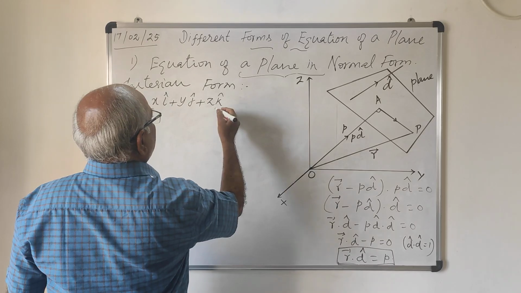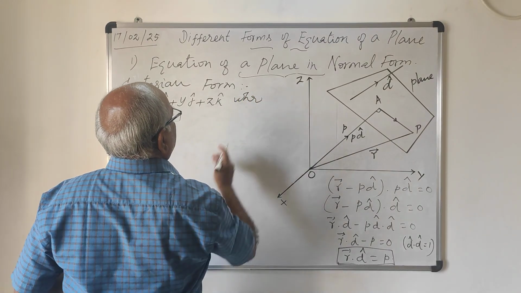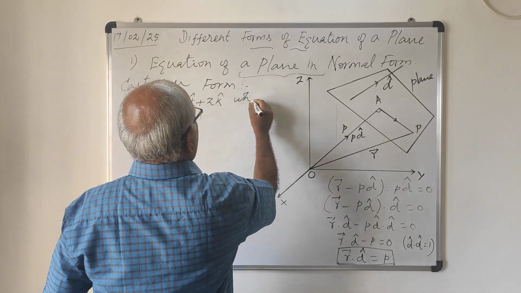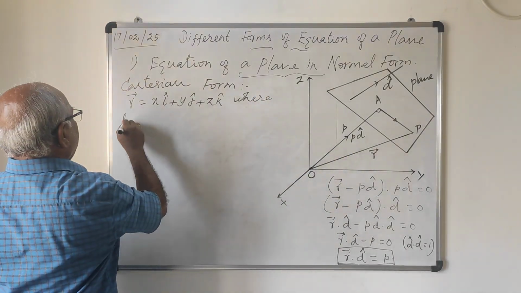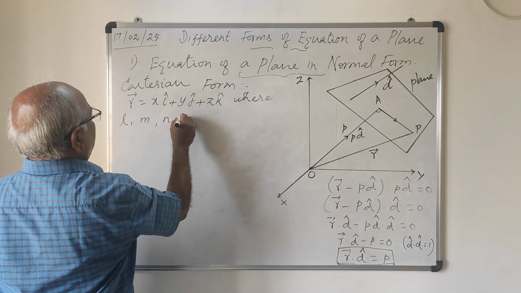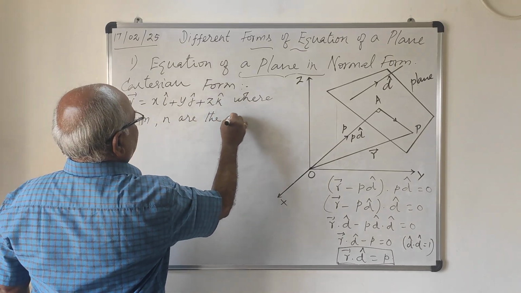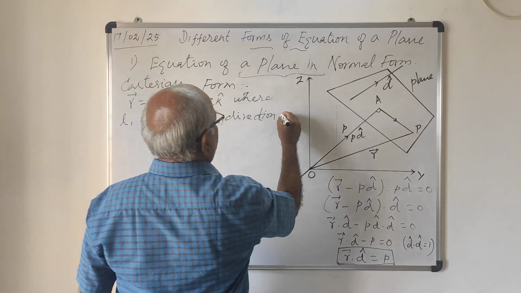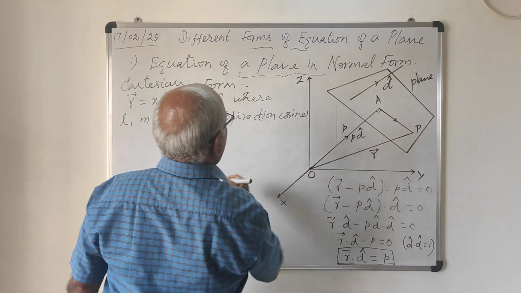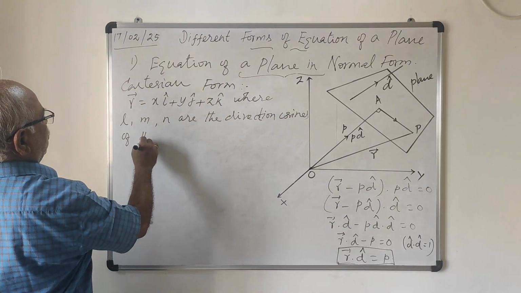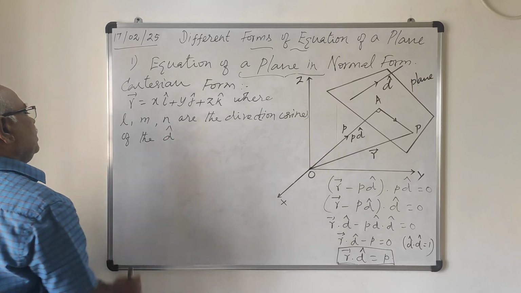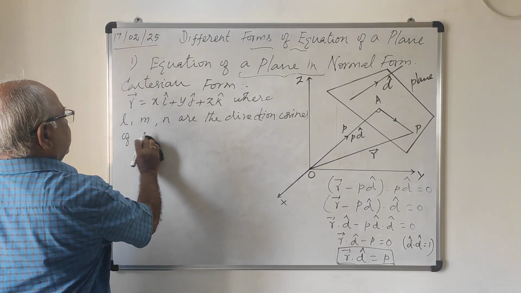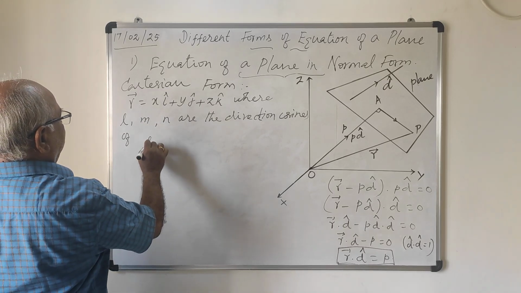Where l, m, n are the direction cosines of the unit normal vector d cap.